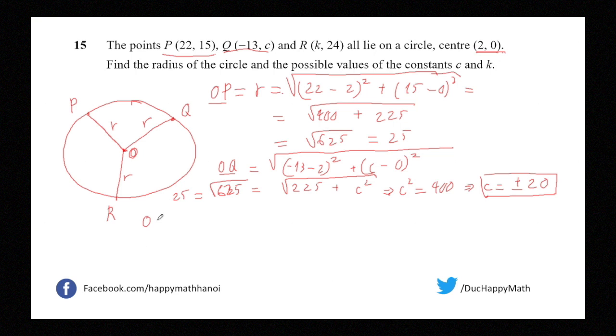Okay, in the same way with OR, you have to set up the formula to calculate OR. R here, O here: (K minus 2) squared and 24 squared, equal to 625.